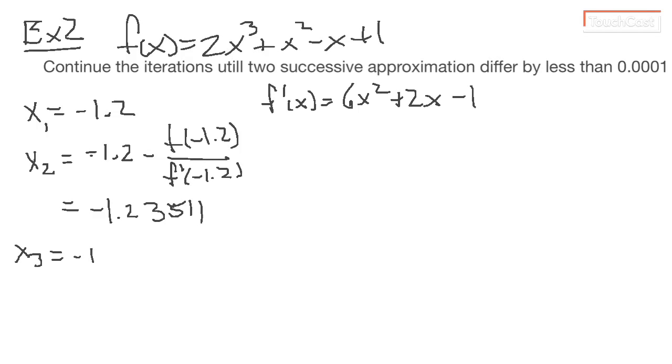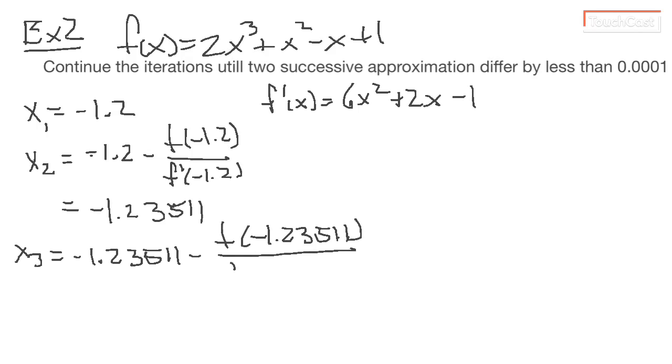So now I'm going to utilize that to find x3, my second iteration. So we're going to have -1.23511 minus f of -1.23511 over f prime of -1.23511. And again, I'm going to just use my calculator to do this.